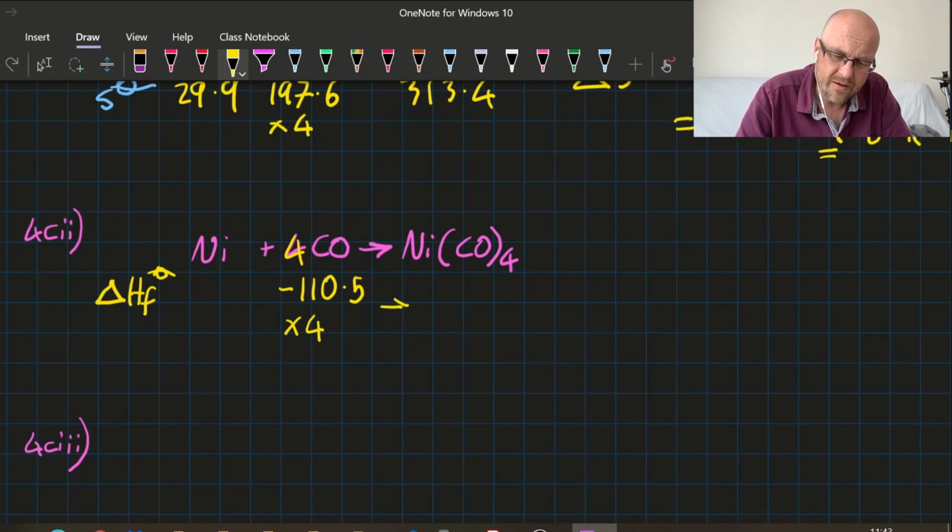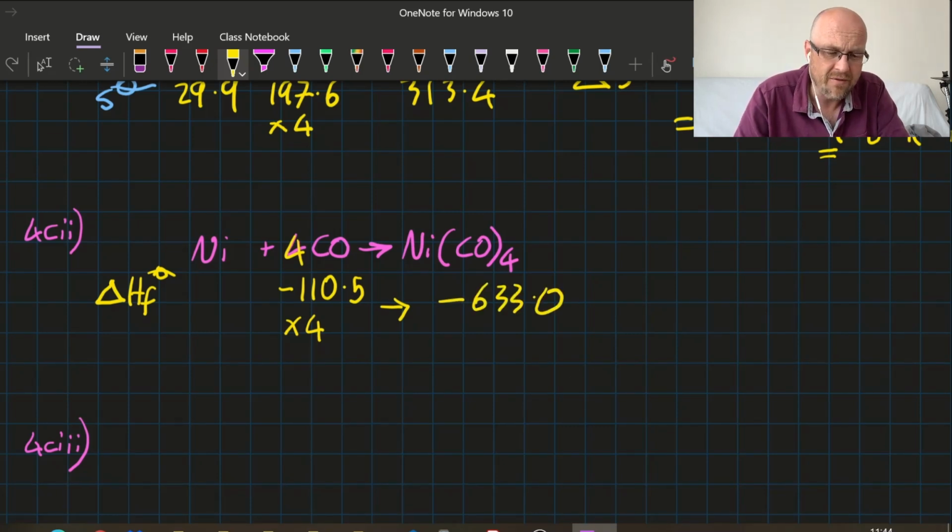The nickel tetracarbonyl is minus 633.0, but they've not given me the value for the nickel. Oh, okay. You look in the data booklet, it's not there. Some kid put their hand up in an exam and I was called in from another room, which you should never do. It's not in the data booklet. No, it isn't. The heat of formation of any element is 0.